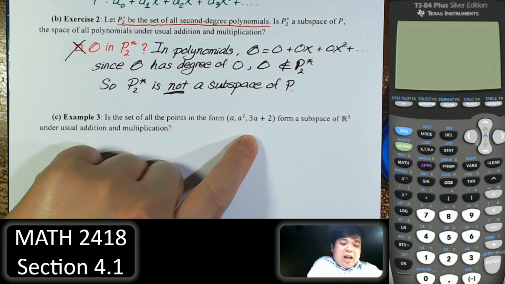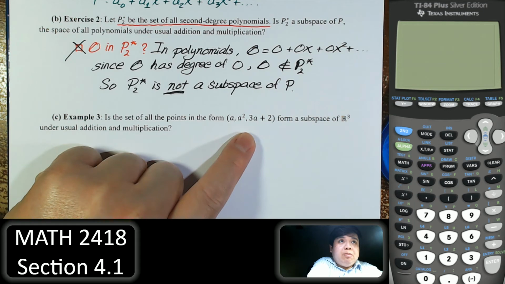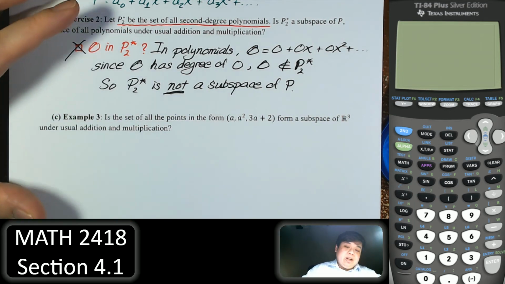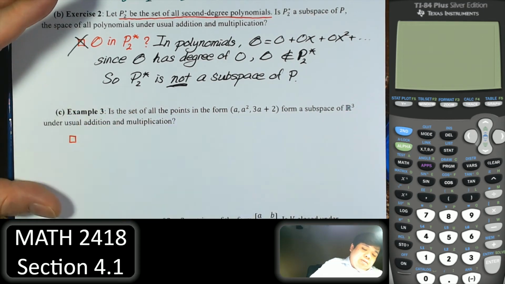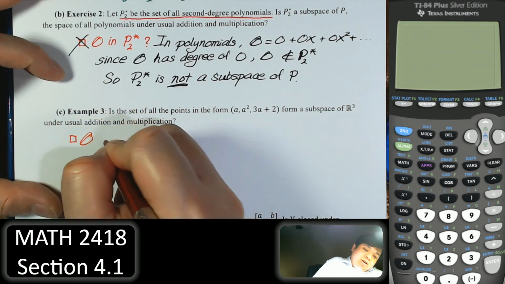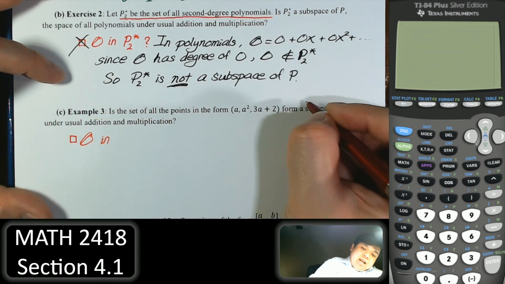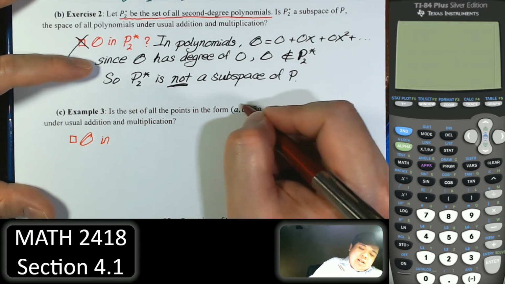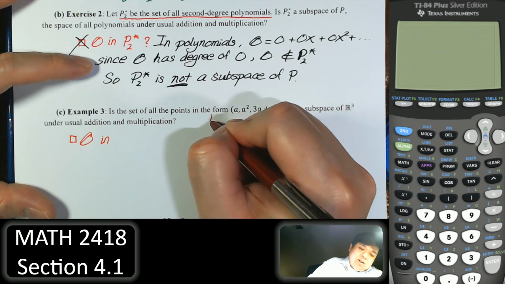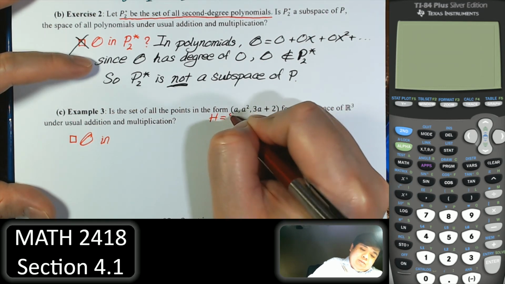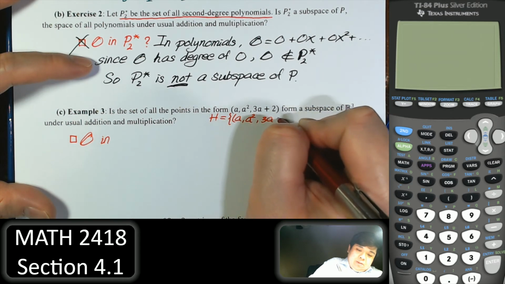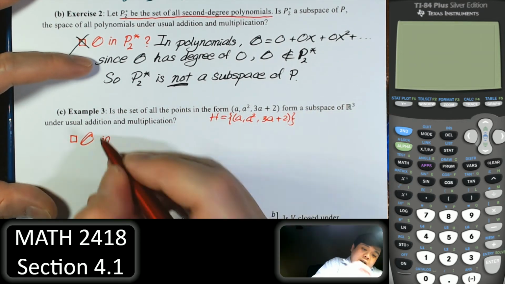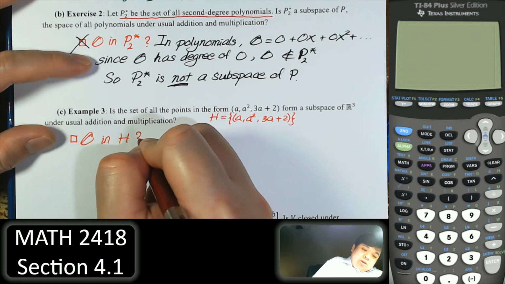Next, is the set of all points in this form a subspace of R3? Well, to check, is the 0 vector in the set H? Is 0 in the set H?